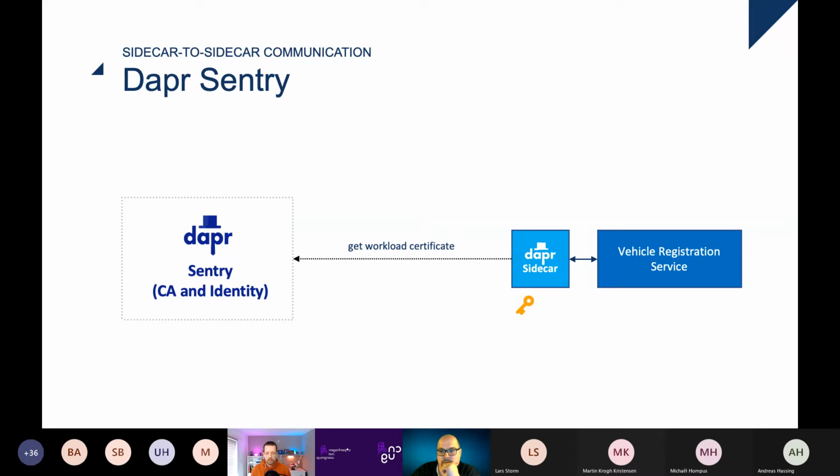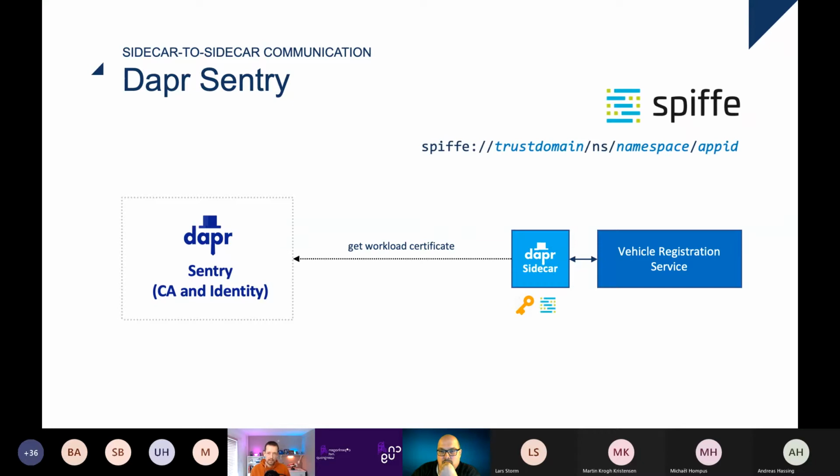Now, these certificates also contain a SPIFFE identifier. And SPIFFE is a CNCF standard for providing strong identity to workloads. And with Dapr, a SPIFFE identifier consists of the following parts. It always starts with SPIFFE, then you have the trust domain, NS, then the namespace and the app ID. So the trust domain is just a logical group of applications.